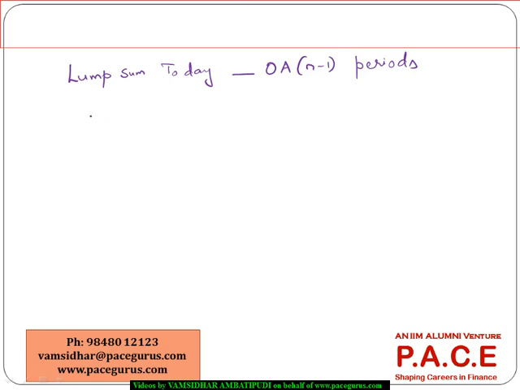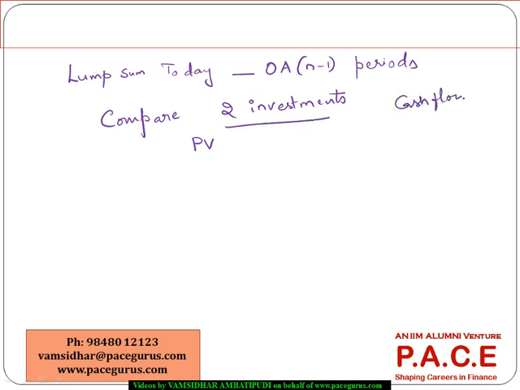But doing all this exercise is from one single perspective. If I have to compare two investments, the easier way to compare them is to bring both of them to the present value. Two different investments will have different sets of cash flows at different points in time in the future.